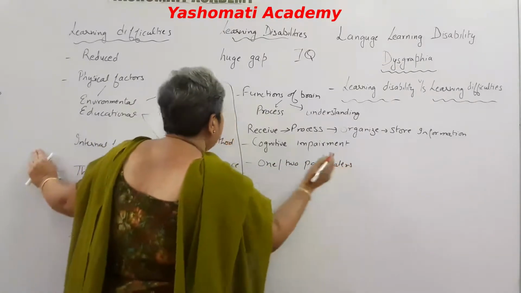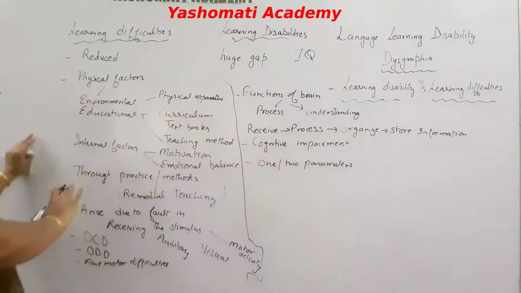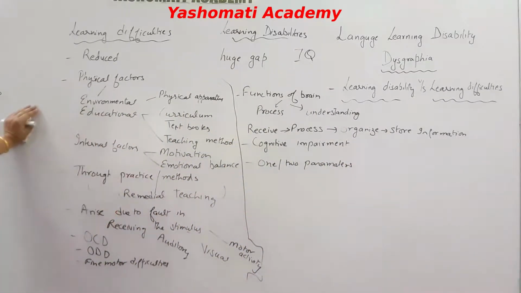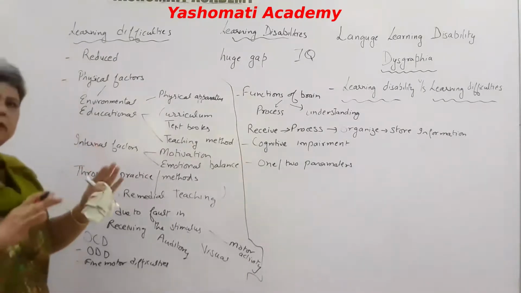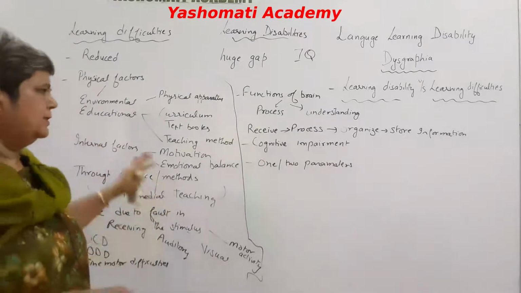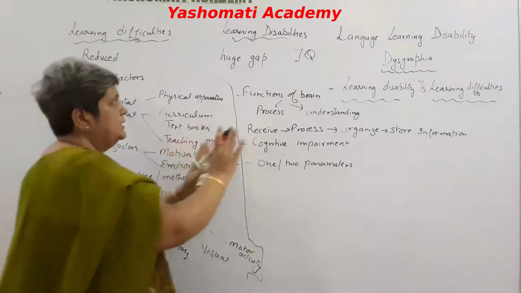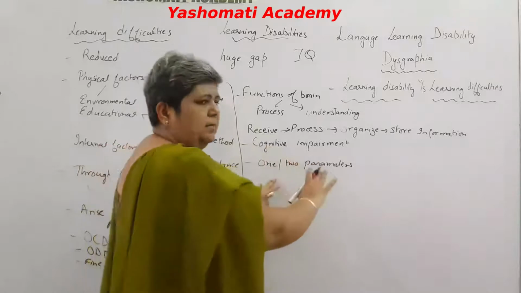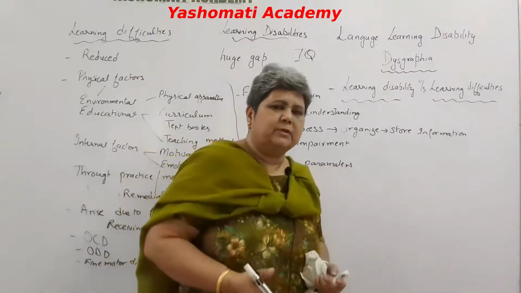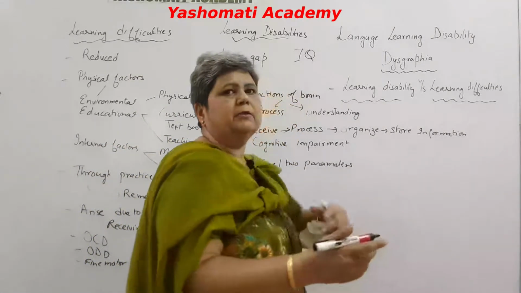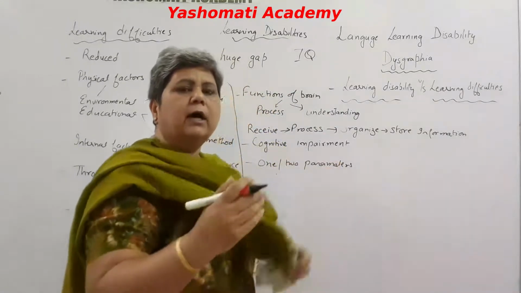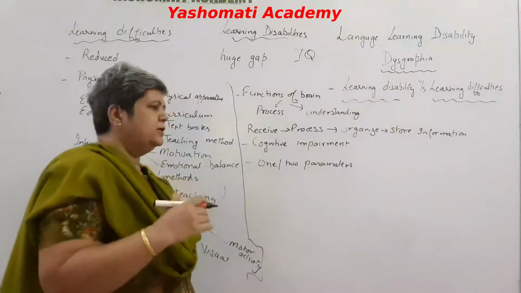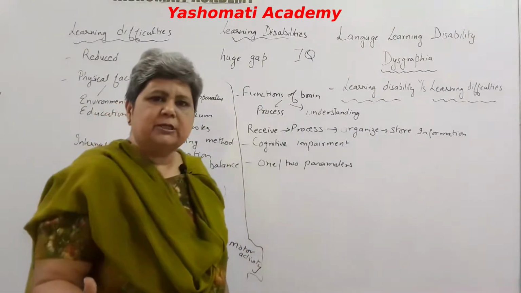Whereas in the case of learning difficulties, all or many of the parameters are affected. For example, if a child has a low IQ, then his performance in all different parameters will be low. Whereas in learning disabilities, the learner may have good performance in other parameters, but may not be able to do mathematics, or learn languages, or learn spatial relationships.